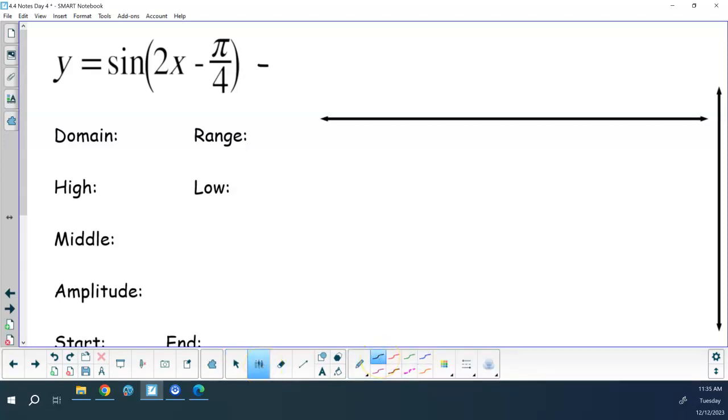So this is going to be the sine of 2 times something. What is that something going to be? X minus what? Pi over 8.